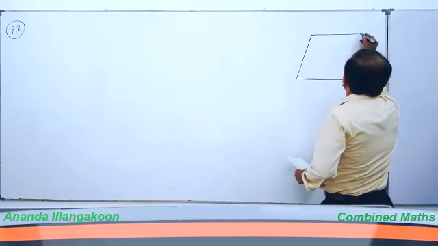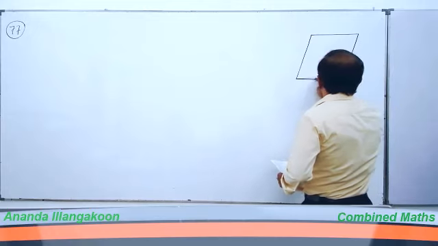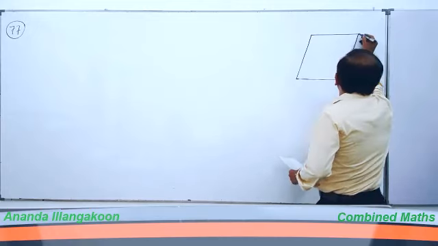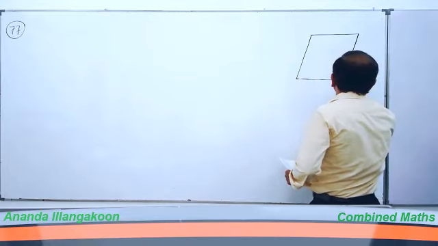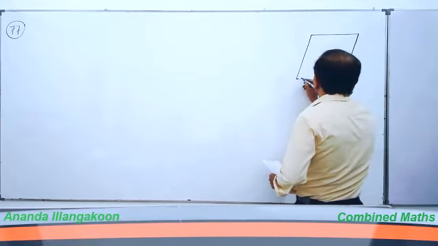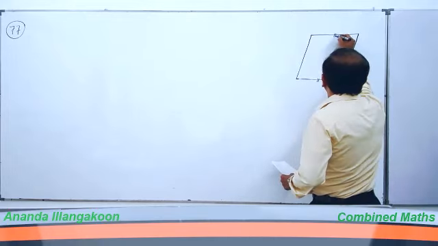In this rhombus, people, there are some properties. What are the properties of a rhombus? These sides are equal in length.